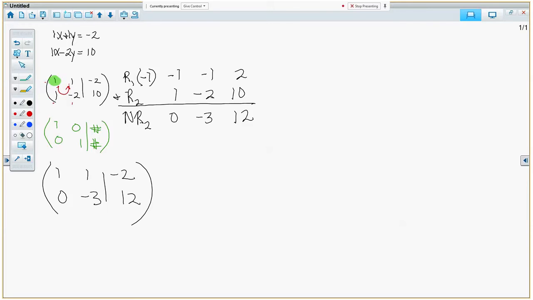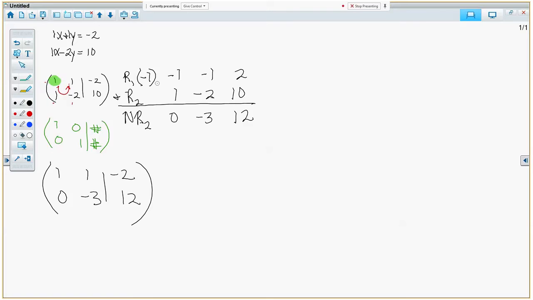Anybody have a question on what I did? I wanted to get a 0 right here. The only one I can use is this row right here. I can't use this row to get a 0. You can't do that. So you have to use row 1. So I used it, -1, multiplied by -1.